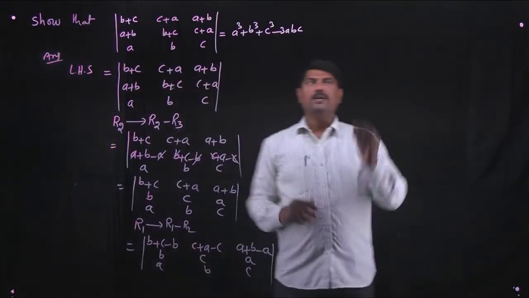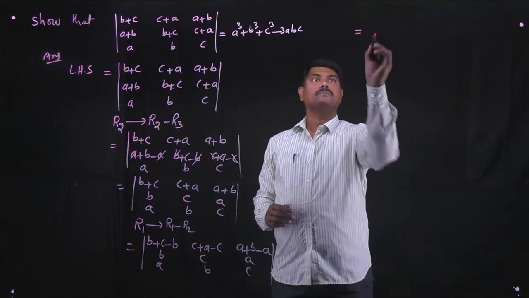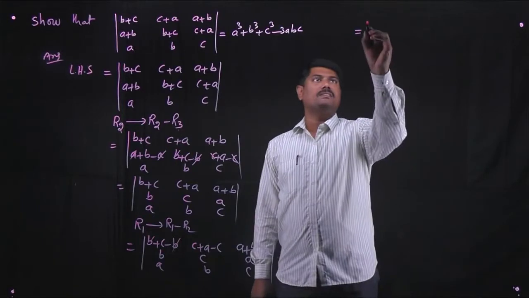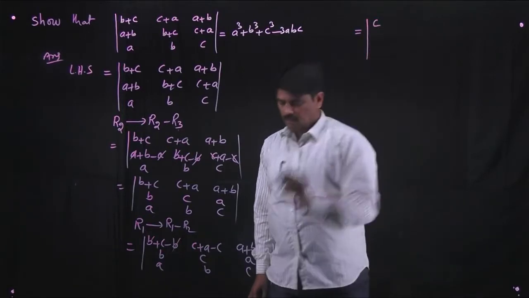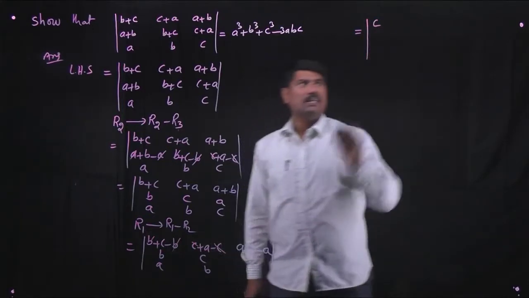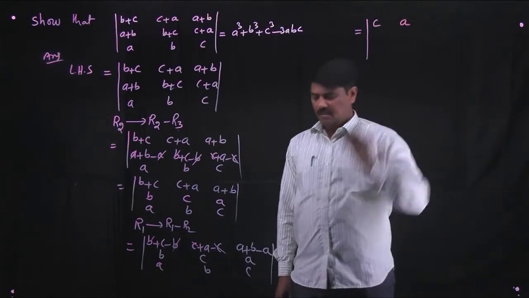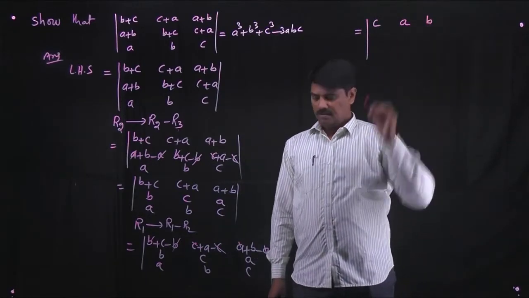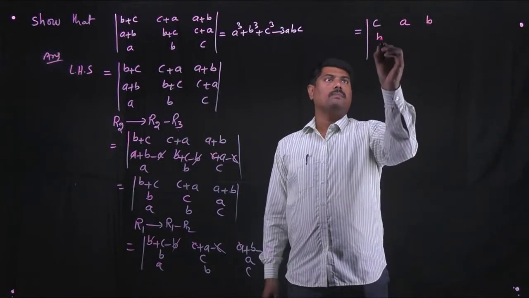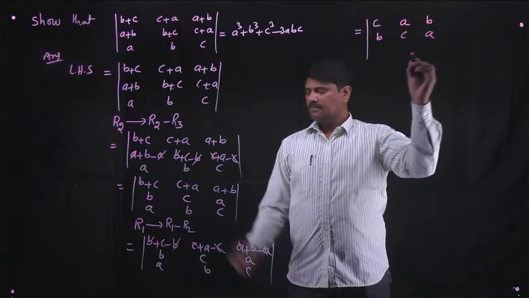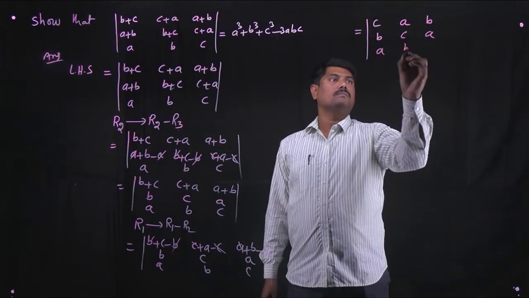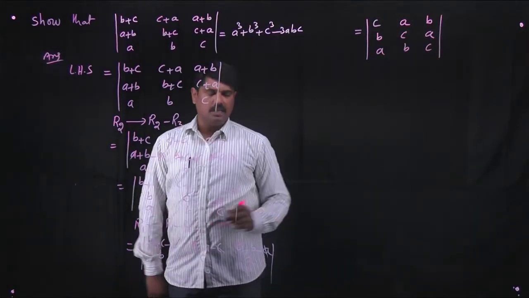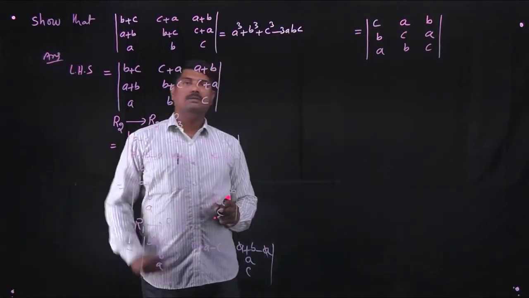Let me continue from here. So b gets cancelled, the first element is c. c gets cancelled, the first row second element is a. a gets cancelled, the value is b. The second and third rows remain the same, b, c, a and a, b, c.